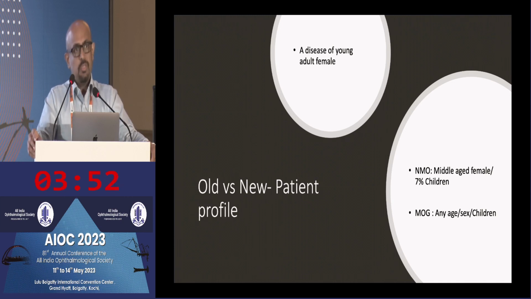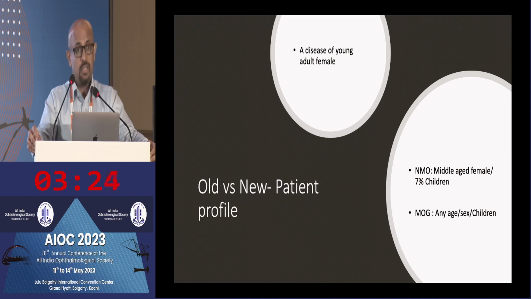But there are multiple studies which have said that 5 to 8% of children can also have optic neuritis because of NMO. Out of optic neuritis in the pediatric age group, 7 to 8% can be because of NMO. So it appears that NMO can affect even a pediatric age group. And MOG optic neuritis, in fact, one of the predominant groups which can be affected by MOG antibody is children.